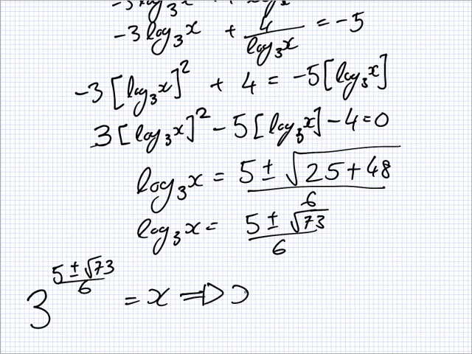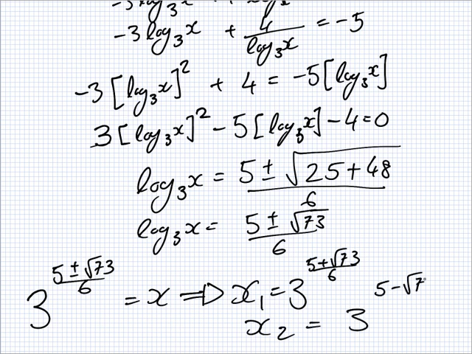The first answer is going to be 3 power 5 plus root 73 over 6, and the second answer will be 3 power 5 minus root 73 over 6. And we can get our two answers out from that. And both these answers are positive and not 0, so both answers are fine.